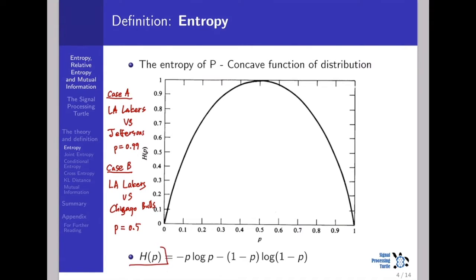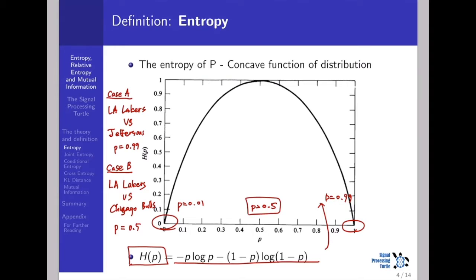If we use this formula here, we can easily calculate the entropy value of the probability P. This graph here is the entropy value H(P) in terms of the probability P. As you can see, if P is small or if P is large, the uncertainty value is pretty small compared to the case of P equals 0.5.